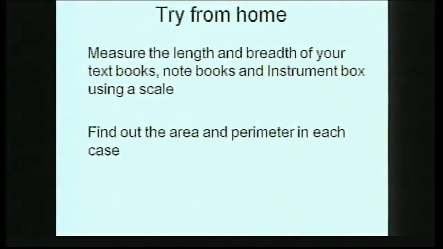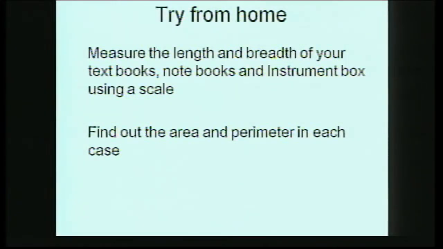We have studied how we can multiply a whole number with a decimal number and then 2 decimal numbers. The procedure is same, and I think students, if they are all at home, can do one important activity from home, which I am giving to them.